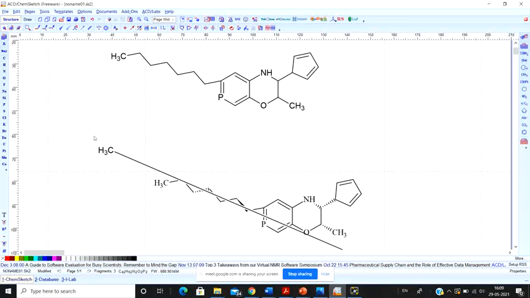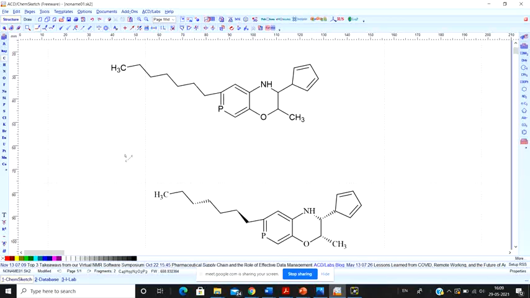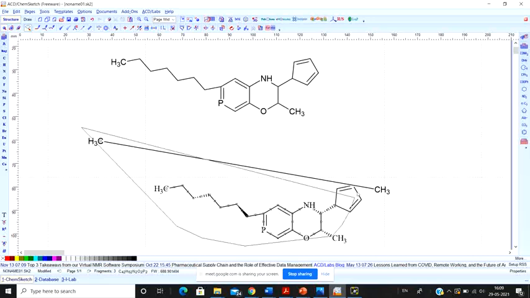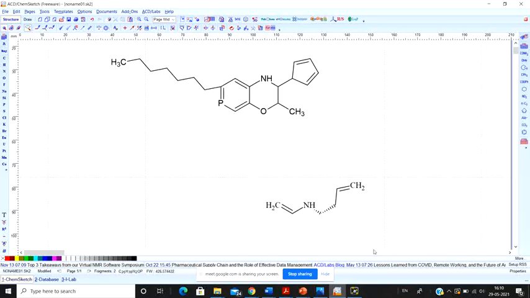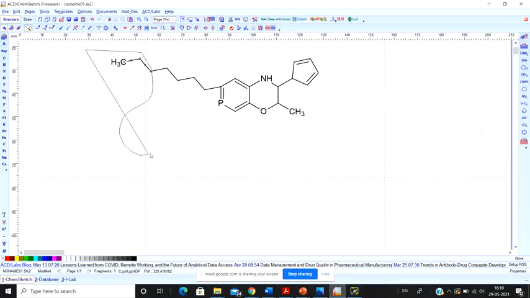So I have to select, and this is one of the ways to select the molecule. There is lasso on and off, and then we have a square. If you have a square, anything that comes under this particular square is going to get chopped down. Or if you select lasso, you can specifically select the molecules that you want.